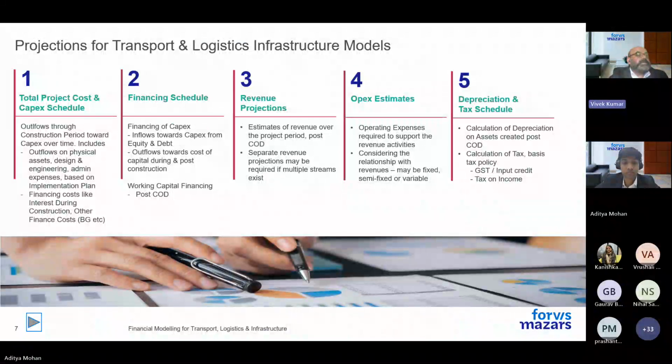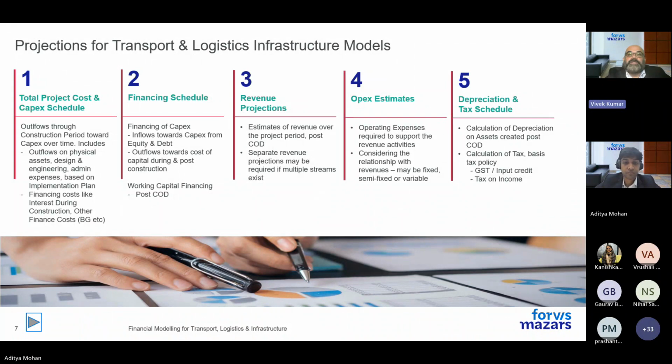For instance, say in a logistics park. In the current kind of logistics parks, which typically are built over 50 acres, 100 acres, and so on, you will have different segments.